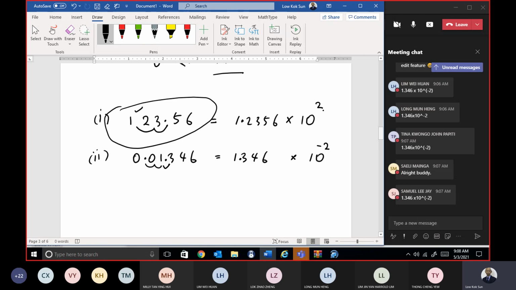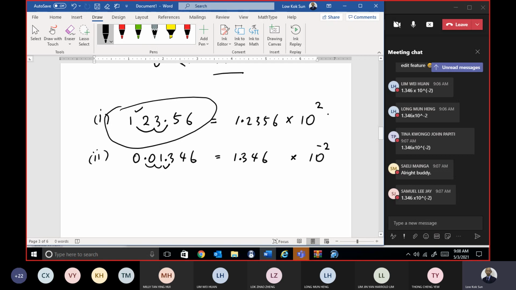But this one is less than 0.01, so the power will be negative. And then negative what? Depends on how many times you move. Like here, positive, positive what? It depends on how many steps you move.